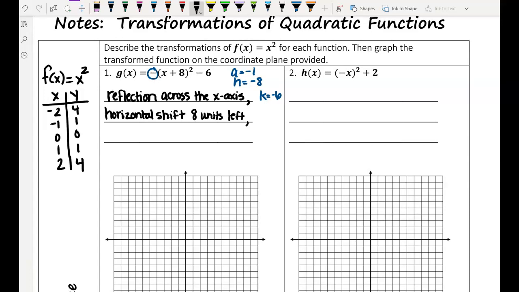And if k is -6, obviously that must be a vertical shift because we've already done our horizontal shift. So a vertical shift, which direction and how many units? 6 units down.